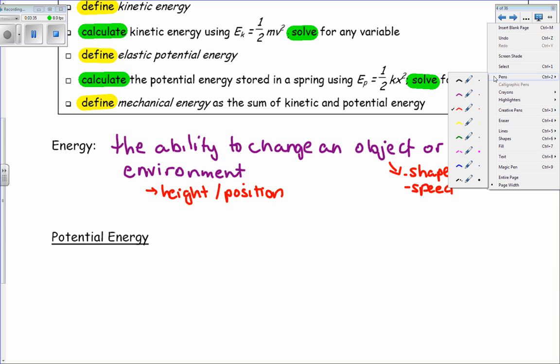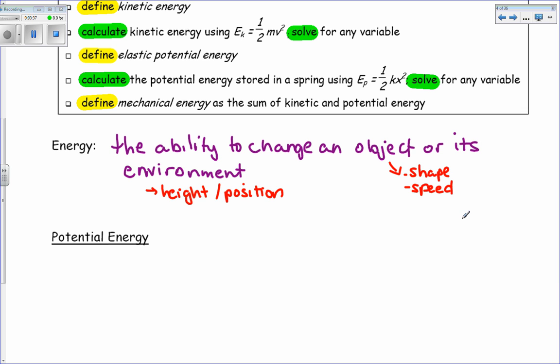Starting to look through our different types of energy, we're going to start with potential energy. As a general definition, potential energy is energy that's stored in an object due to its position or its state.